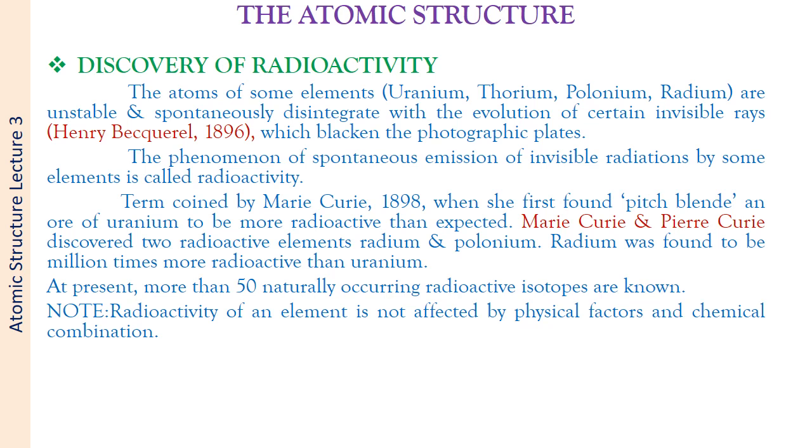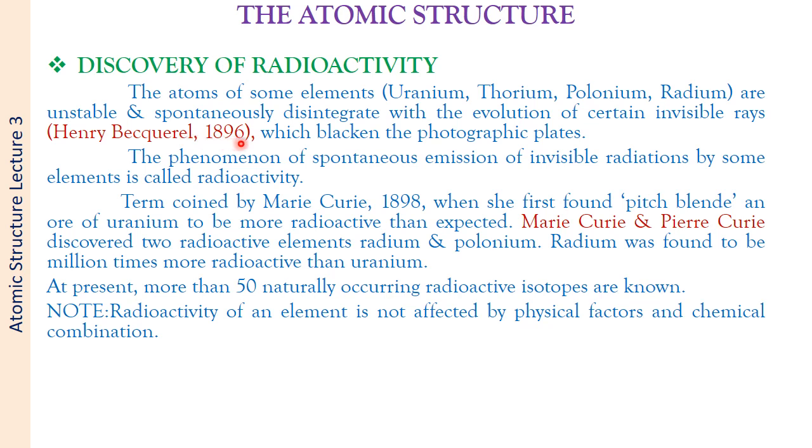And why? Because this is a phenomenon that supports the divisibility of the atom. There are atoms of some elements, for example uranium, thorium, polonium, radium, which are unstable, and they spontaneously disintegrate with the evolution of certain invisible rays. The existence of these rays was discovered by Henry Becquerel in the year 1896.